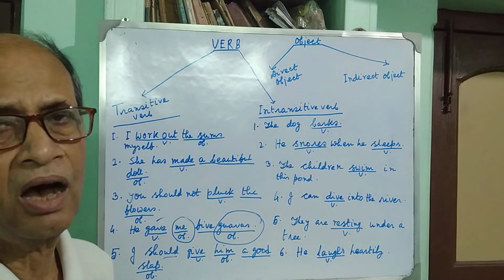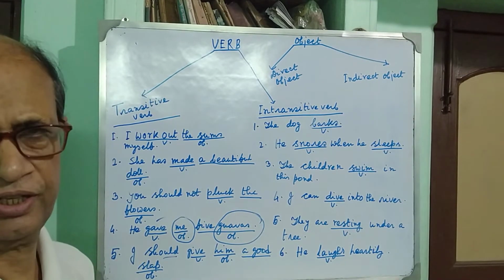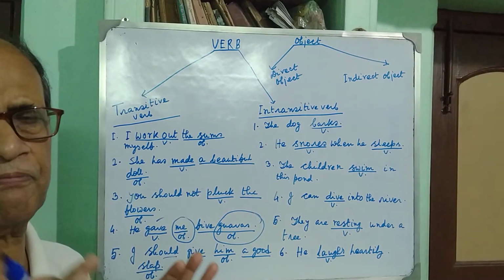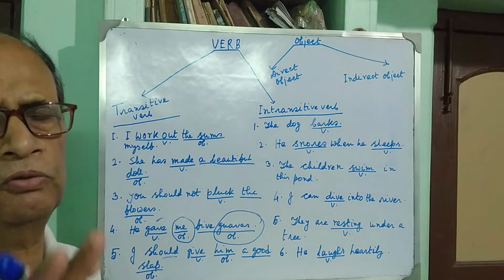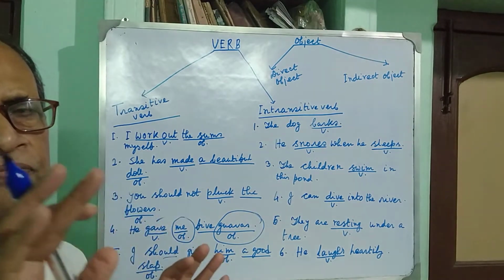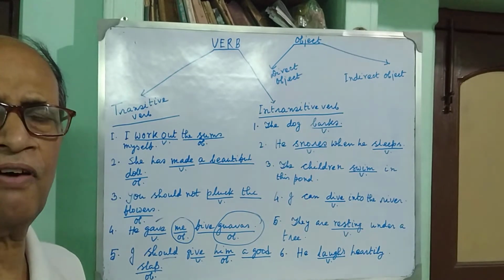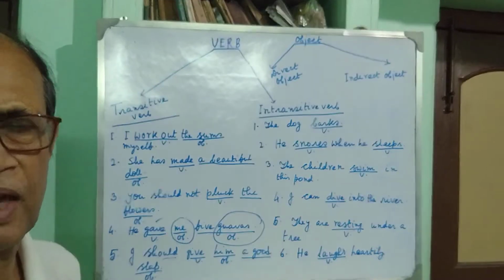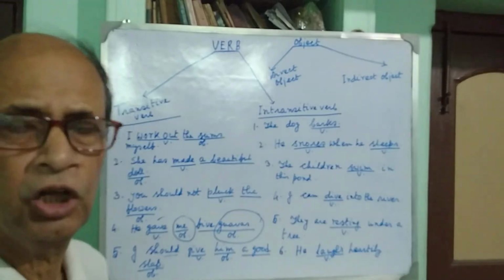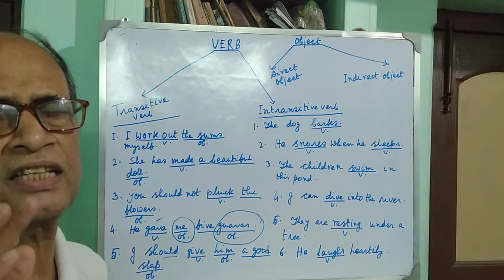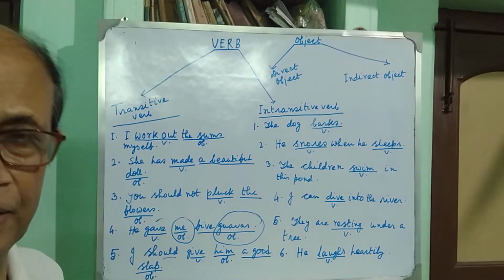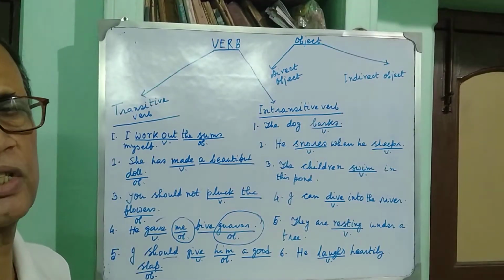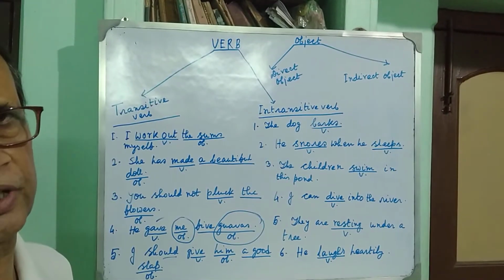Then how should we detect object in a sentence? Simply ask the finite verb by what or whom, and the answer is object. And the verb having object is called transitive verb, and the verb having no object is called intransitive verb. And remember that object is of two types, that is direct object and indirect object.